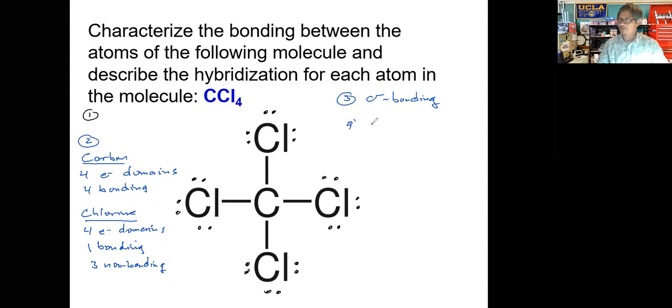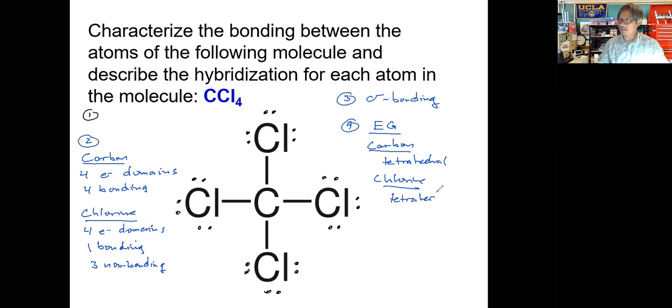Let's go ahead and describe the electron geometry for both the carbon and the chlorine. The electron geometry for carbon, which has 4 bonding domains, is going to be tetrahedral. The electron geometry for chlorine, which also has 4 electron domains, will also be tetrahedral.